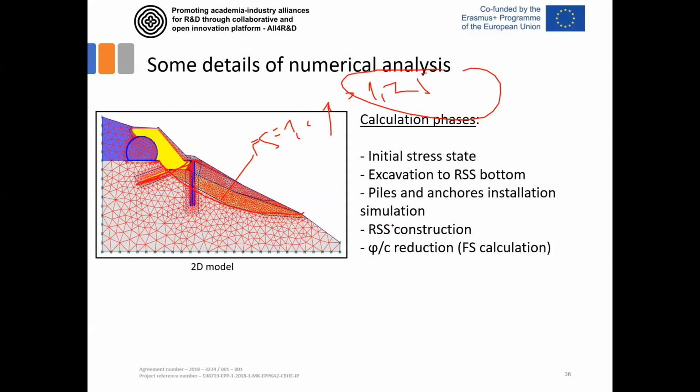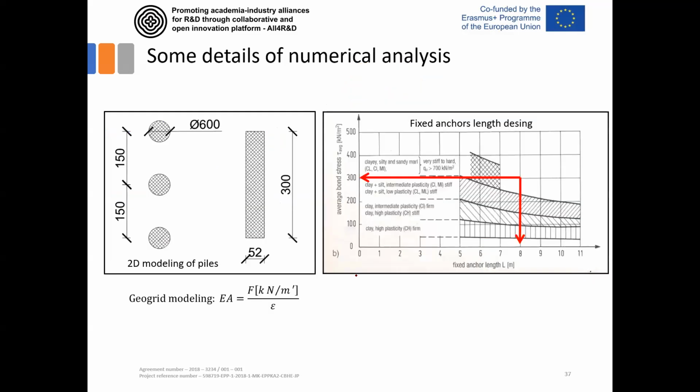What was used here was the shear strength reduction technique. There was no analysis performed by the limit equilibrium method, only phi reduction, the so-called shear strength reduction technique, implemented in the software Plaxis, which was used for the calculation.